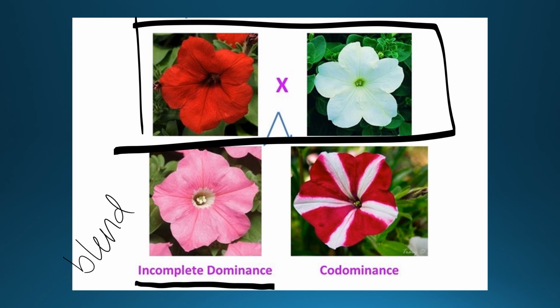Or I can have codominance happen where I see both red and white as a result. So incomplete dominance is a blend. Codominance is when we can see both phenotypes at the same time.